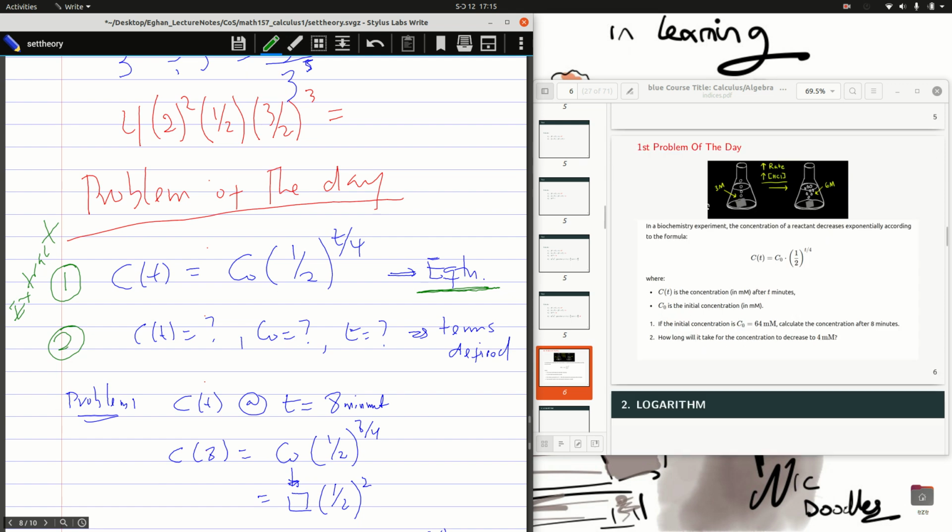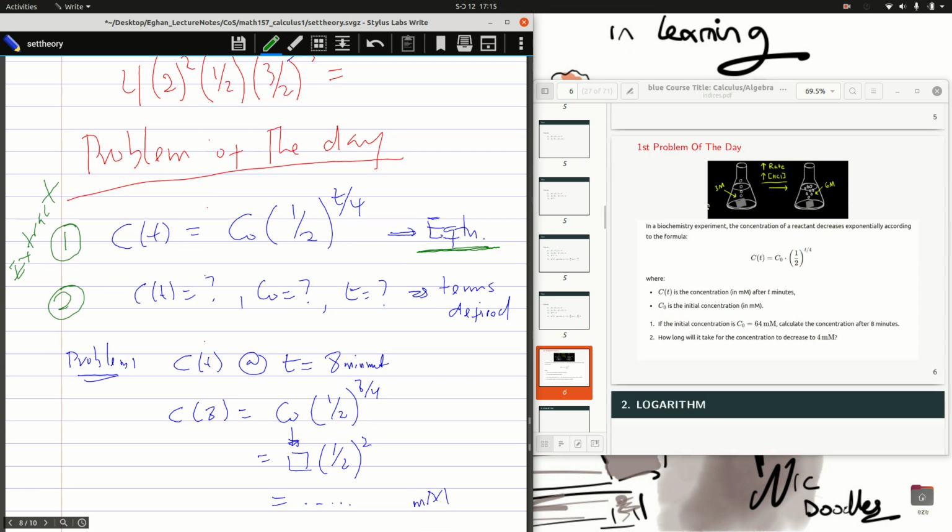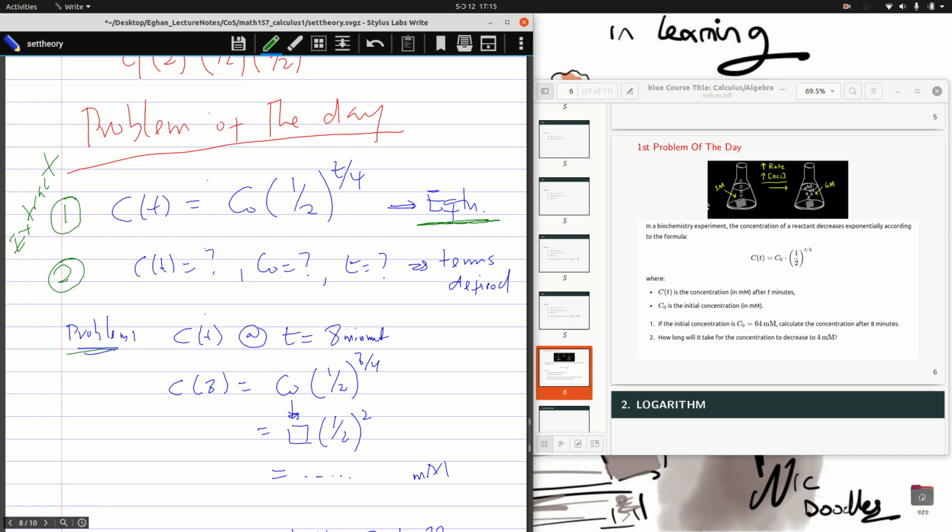Now to the problem or the question. If the initial concentration is given as that, what is the concentration after 8 minutes? This is a straightforward question. So problem 1 wants to find the concentration after T equal to 8 minutes. It means you must substitute T equal to 8 into the expression.